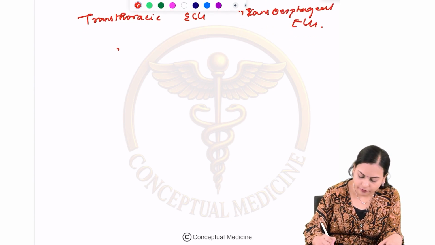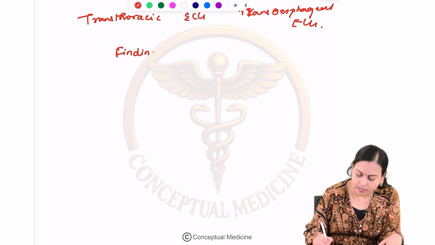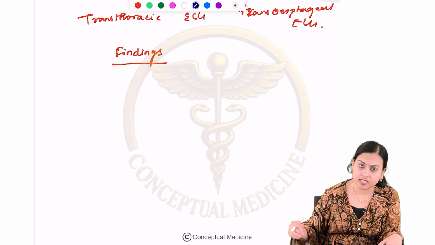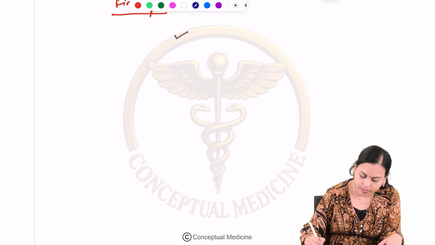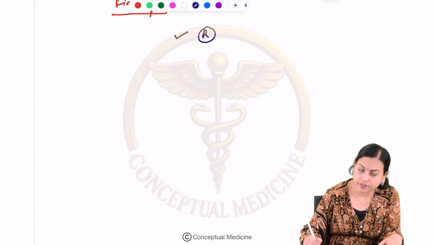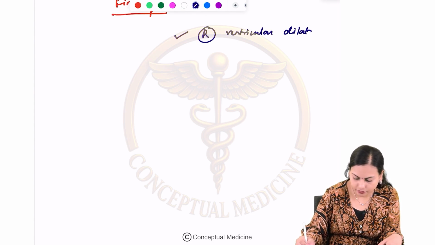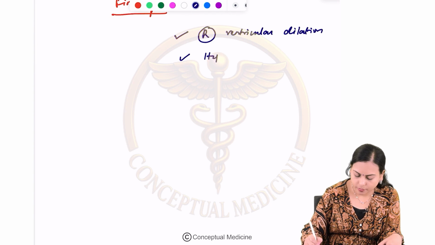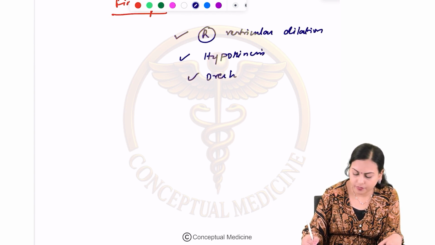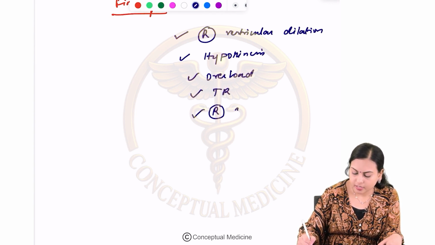Now the findings you may have in these investigations can include right ventricular dilatation. Yes, that is what we have seen in the pathophysiology. This can be followed by hypokinesis or overload, and there can be tricuspid regurgitation, even right atrial enlargement.